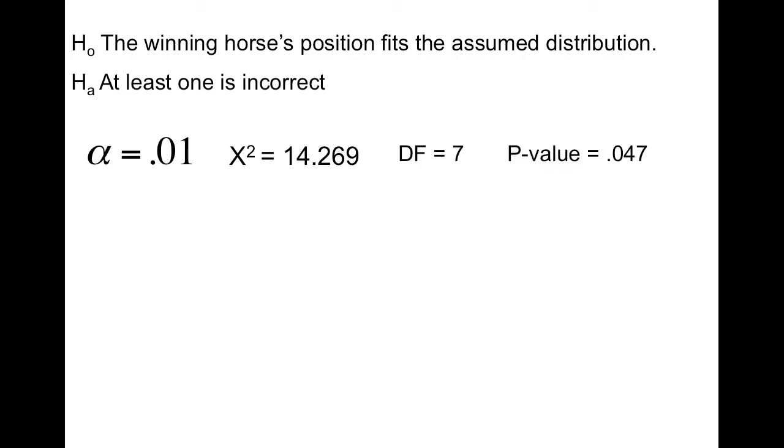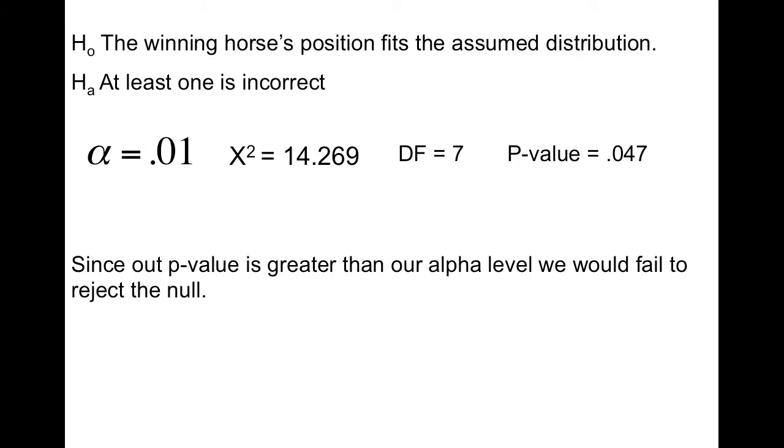We're just saying at least one is incorrect. We have our alpha level of 0.01, our test statistic of 14.269, degrees of freedom was 7, p-value was 0.047.